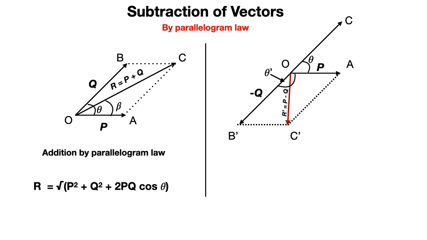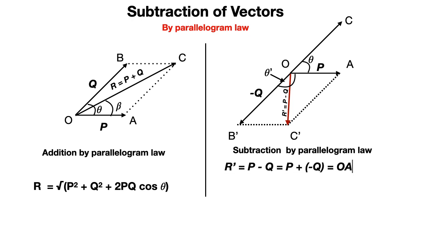This represents P minus Q, or R dash. This is subtraction by parallelogram law. So the difference is OC dash. Theta dash is 180 minus theta.